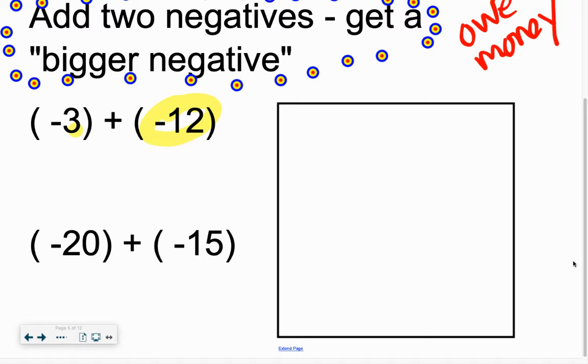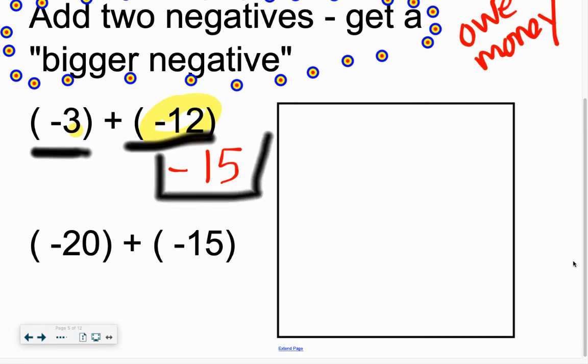When we put them together, we had a total of 15 red chips, red being negative. I talk about it this way in class as well. If you owe me $3, and then today you borrow another $12 from me, you owe me a total of $15.